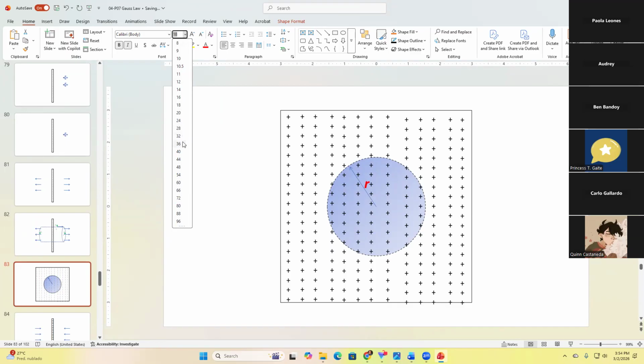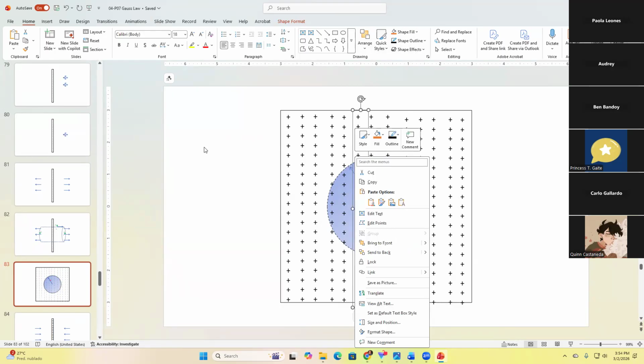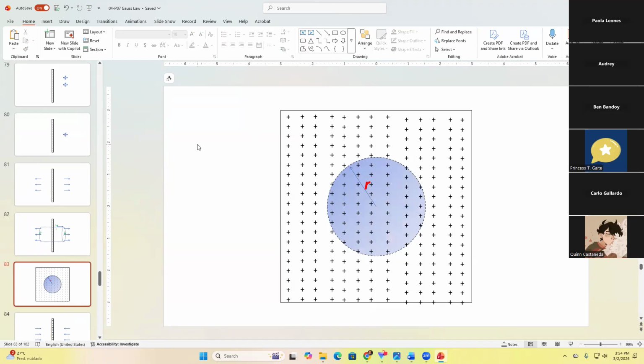And let me do this arrow, and make it thicker as well. It doesn't let me do it.